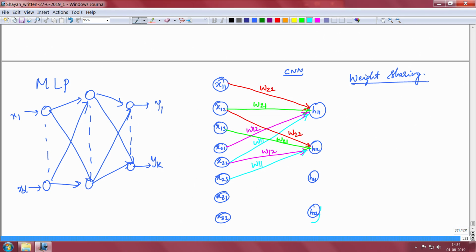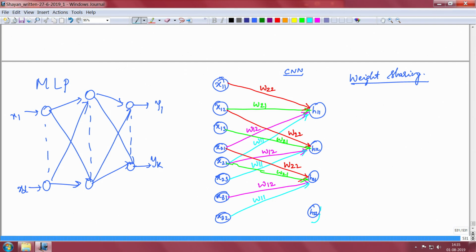Similarly, I can write other connections. So, x21 weighed by W22, x22 by W21, x31 weighed by W12, and x32 with W11.